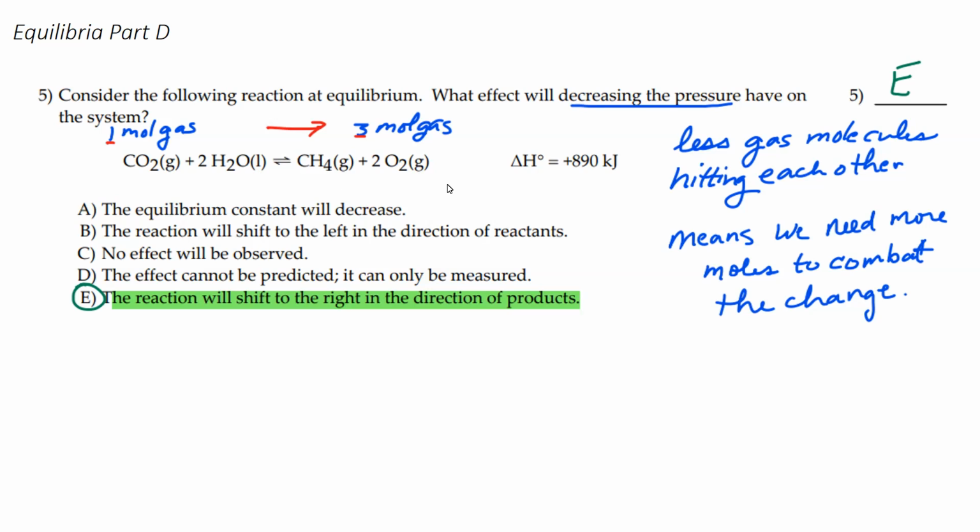So decreasing the pressure means there are fewer gas molecules hitting each other, and because we've got a bigger space, or it's less dense, we can accommodate more particles. So in this reaction, the reaction will shift to the right in the direction of products. It shifts to the side with more moles of gas.